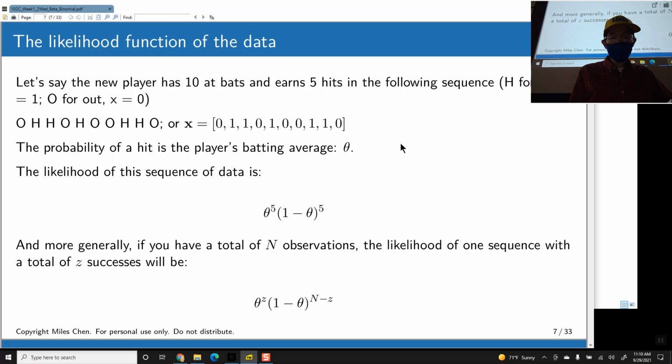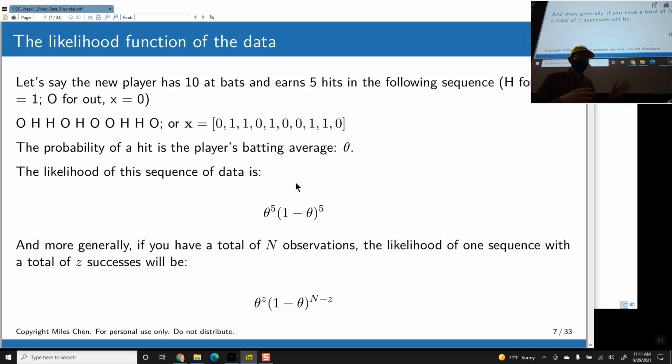Okay, and if we say the player's batting average is theta, then the likelihood of this exact sequence of data is theta to the 5, times 1 minus theta to the 5. Okay, because the probability of a hit is theta, the probability of an out is 1 minus theta. We've got 5 hits, we've got 5 outs: theta to the 5, 1 minus theta to the 5.